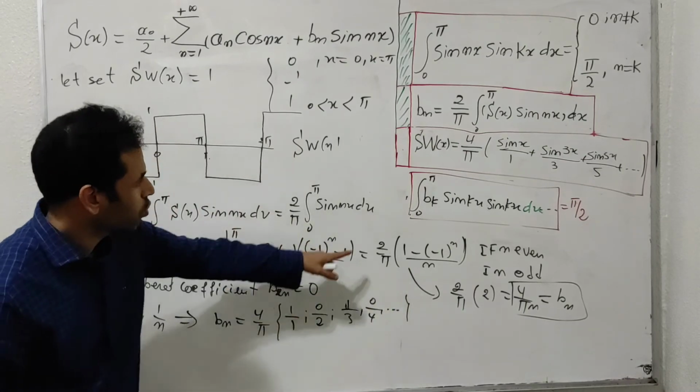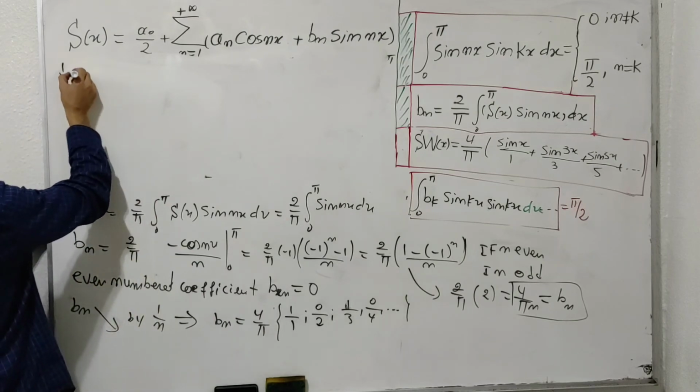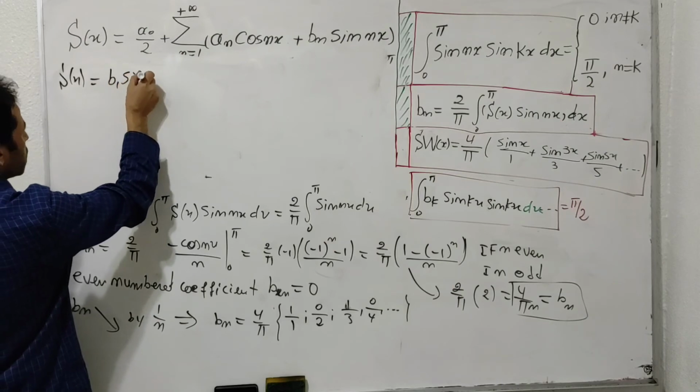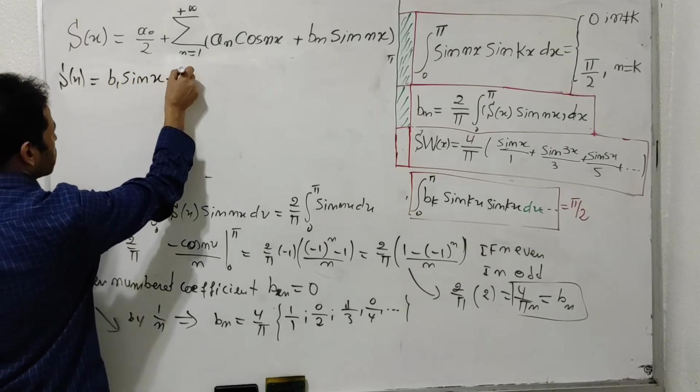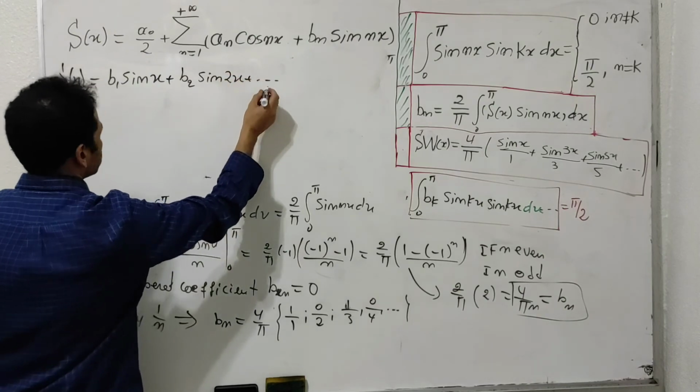From this I will conclude the square wave function. As we have before, s of x, as an odd function, equals b sub 1 multiplied by sine x plus b sub 2 multiplied by sine 2x, and all the way down.